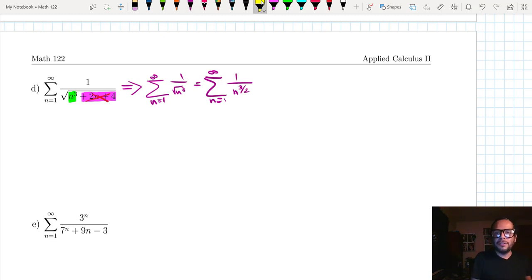And this has the look of a P series, as you can tell, because we have n to some power p. Okay, so in this case, we know p equals 3/2, which is a number greater than 1. So we have a convergent P series.